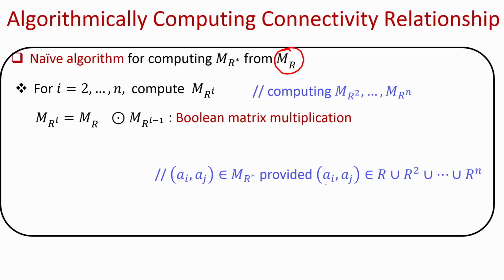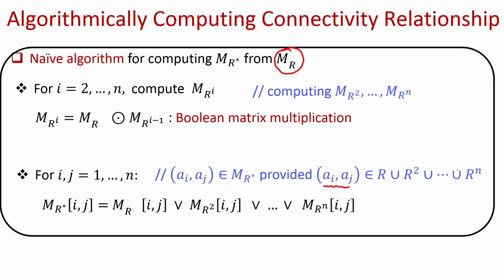And now I have to check whether Ai is related to Aj in any of these n powers of R or not. For that I just need to check whether Ai is related to Aj in the matrix of R power 1, or in the matrix of R square, or in the matrix of R power n.